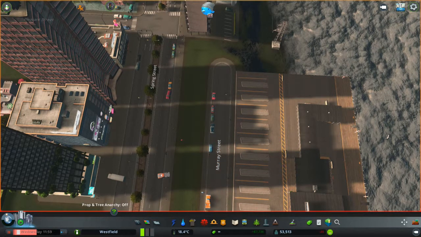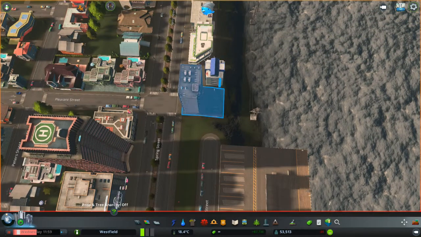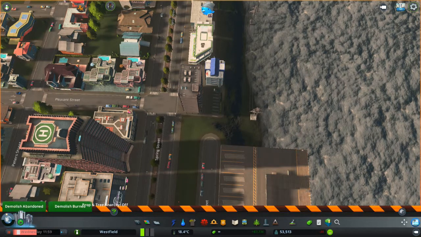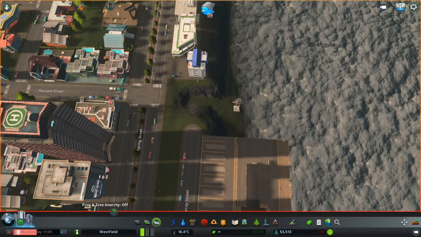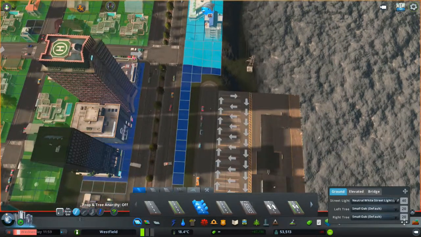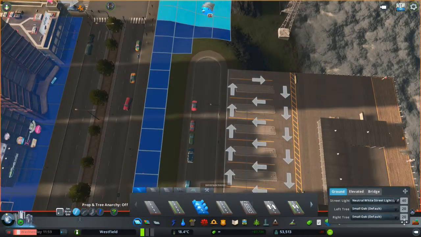So the first thing I need to do is join the road up. That's going to be quite messy, isn't it? Because we've already got this building standing here. It'd be better if we took the road out and came along here. So goodbye, whoever you are, and we'll put a road in place. And again, it's a two-way road.